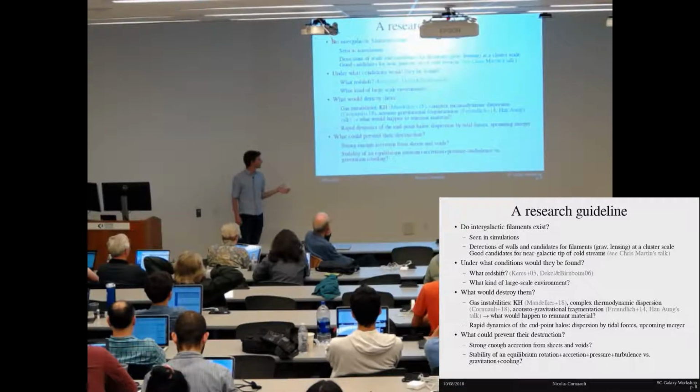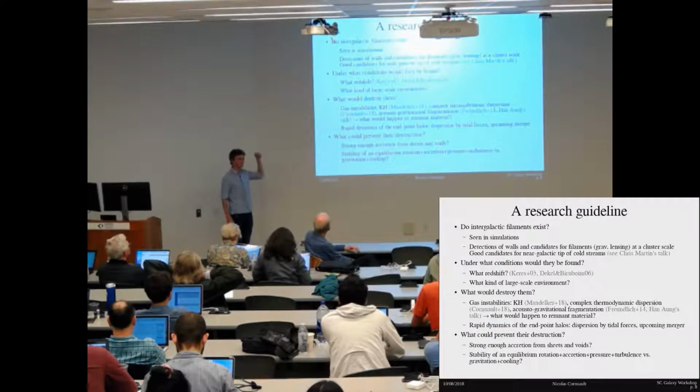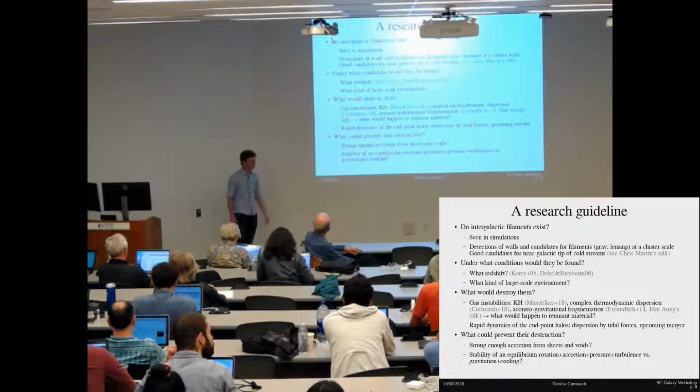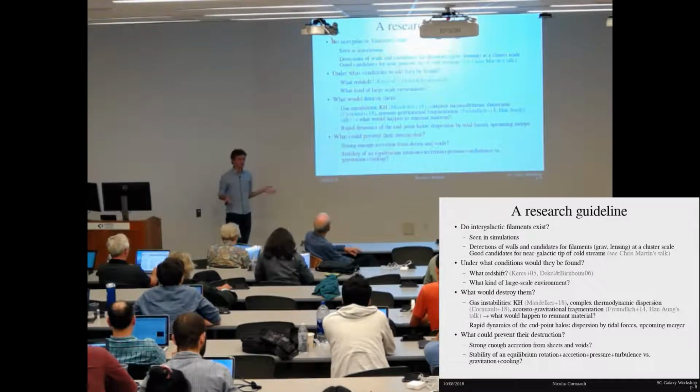A few guidelines for this research. A lot of things can happen. First, we know that we see them in simulations, but we don't really see them in observations. Well, thanks to Chris Marlin, maybe we will see them better in the near future. We want to know under what conditions they can be found. How could we see them? In what environment? At what redshift should they still exist?